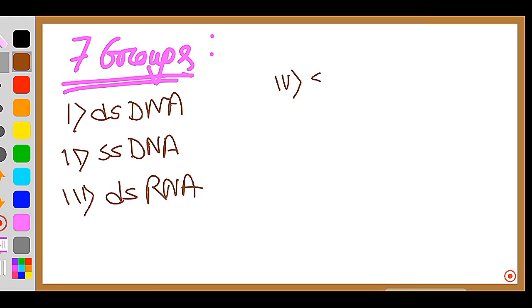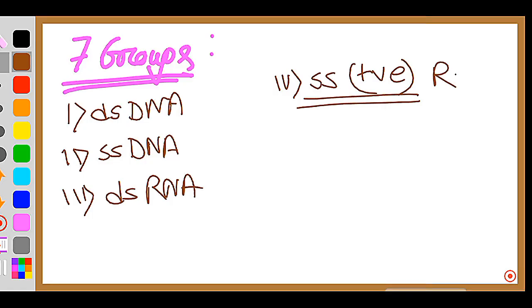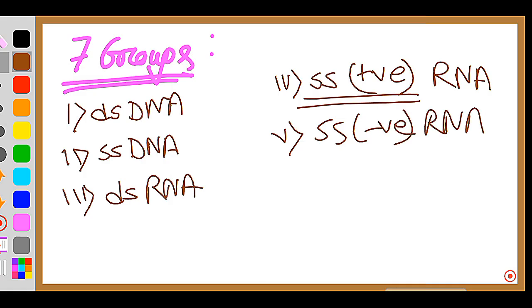Fourth group, single positive stranded RNA viruses. So single stranded RNA viruses can be of two types, positive stranded and negative stranded. Okay, so single positive stranded RNA viruses and single negative stranded RNA viruses.